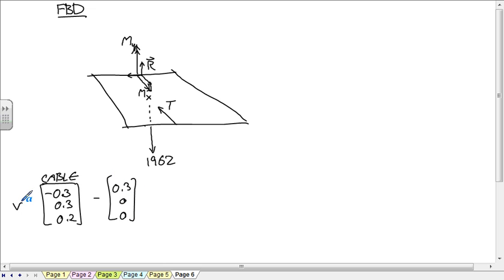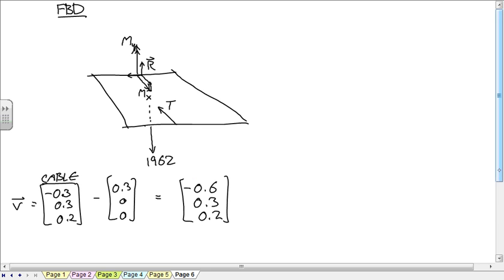So you can think of this as like a vector in the right direction. So we have negative 0.6, positive 0.3, positive 0.2. That's not a unit vector though. Yep.